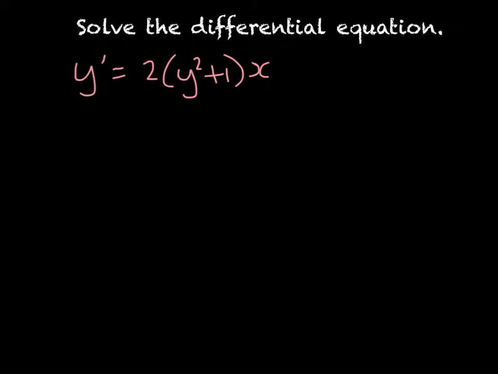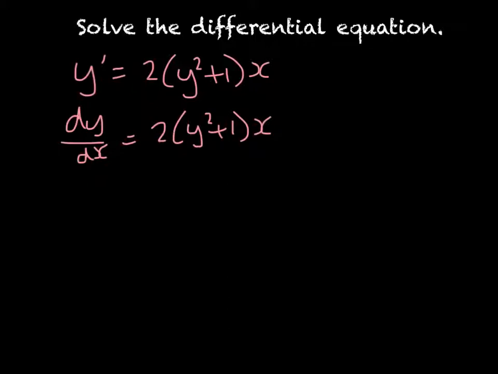Here's another one. dy over dx equals 2y squared plus 1 times x. This is still pretty easy to separate. So dy over y squared plus 1 equals 2x dx.